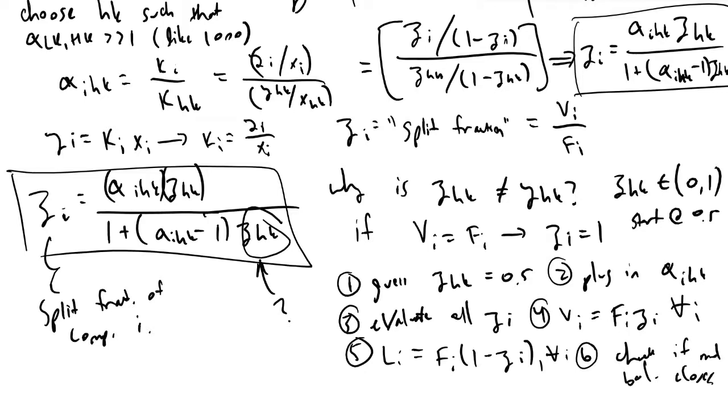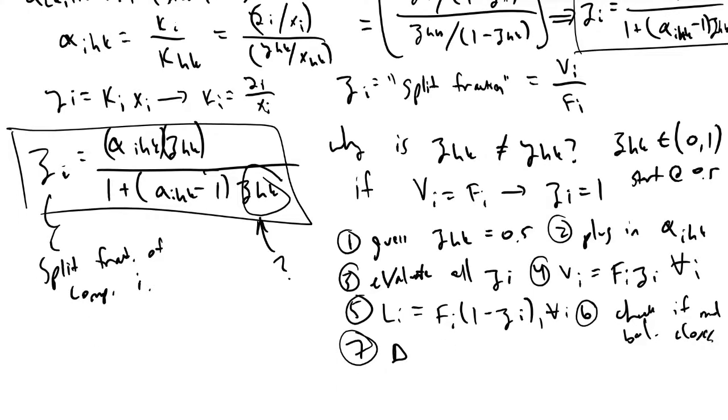What I mean by that is if you sum up all of your moles that are exiting your flash and you get a value that is close, then you know that you're getting warmer. So the final step would be to change zeta sub I until the mole balance closes.